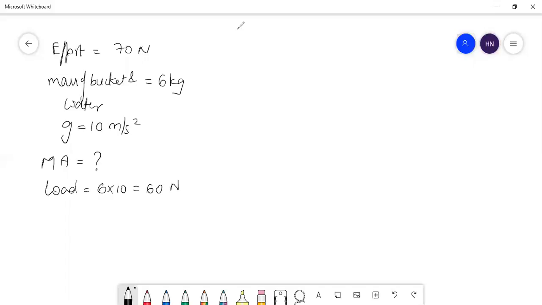Correct. So therefore the mechanical advantage is load upon effort. 60 Newton upon 70 Newton, that is 0.85. Yeah, 0.85, whatever. Yes, sir. Okay, chalo. Thank you. Welcome, sir.